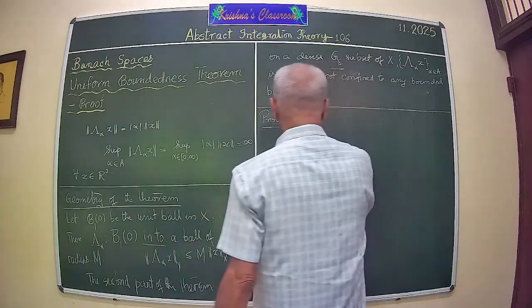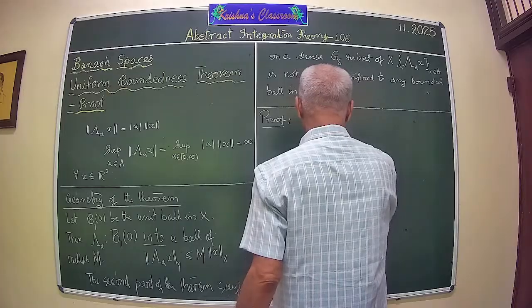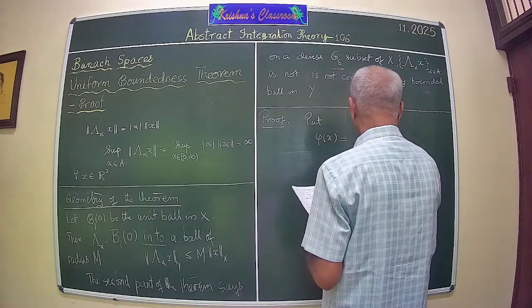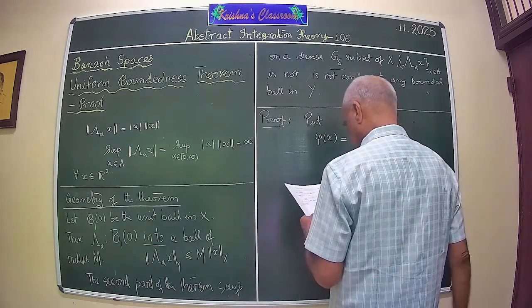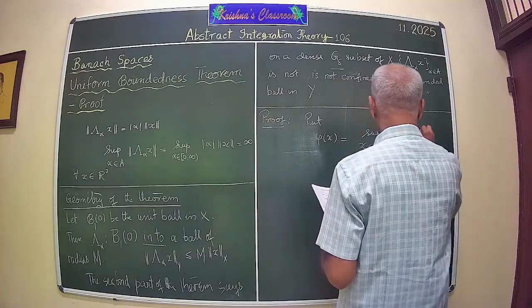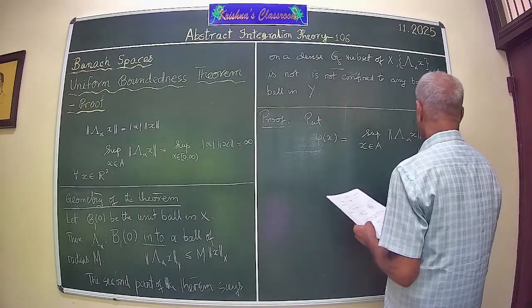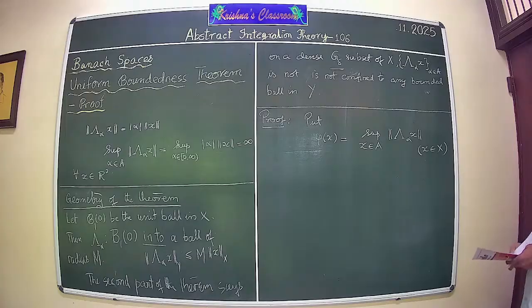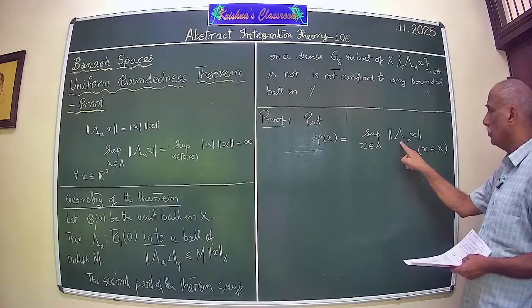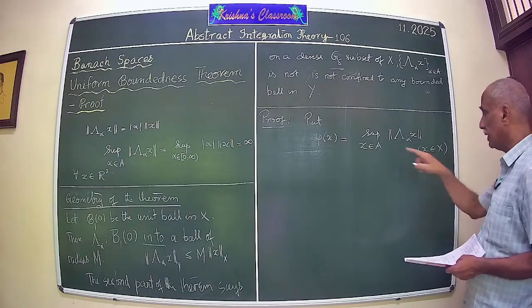We set phi of x to be the supremum of the norm of lambda alpha x, for x belonging to X. So you are taking the norm of lambda alpha x for each x belonging to X and taking the supremum of that.